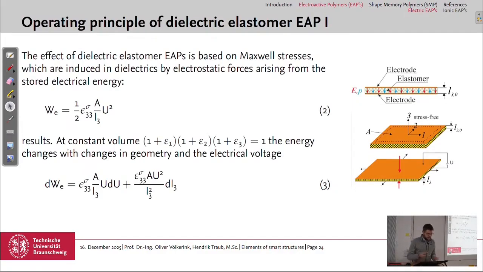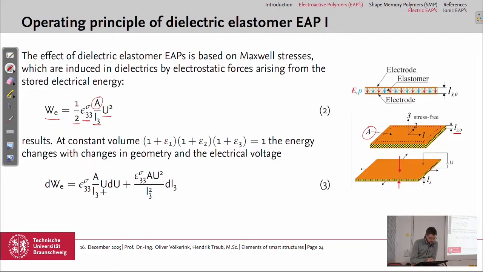So again, we have this stored electrical energy, which is 1 divided by 2, then the permittivity in this dielectric material at a constant stress, and the area A of the electrode, and L3 is the distance between the electrodes, L30, and then we have the voltage applied squared.